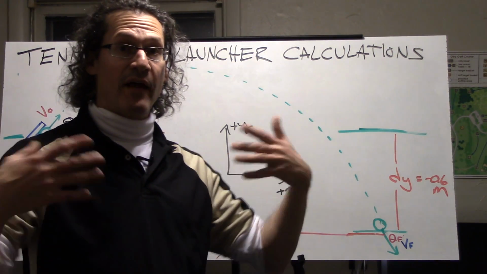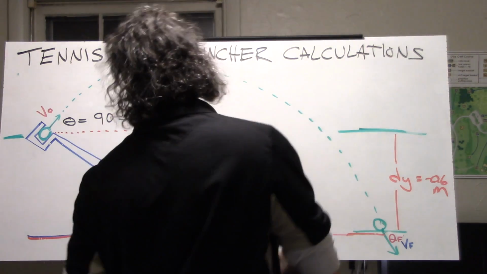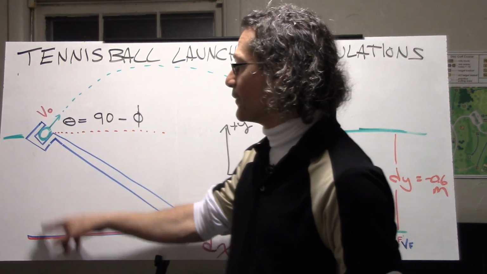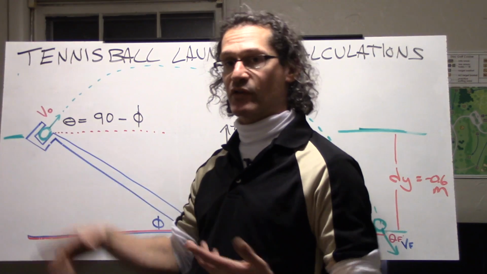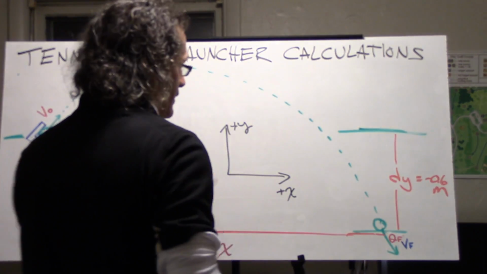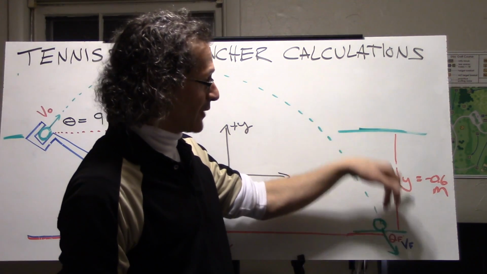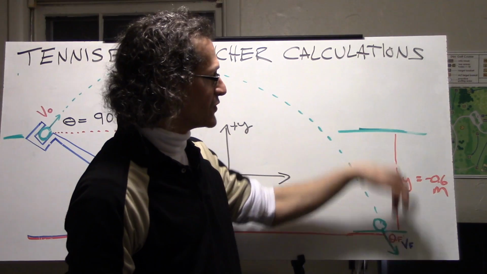How high? Well, the highest it could be is 0.6 meters because the specs that I gave you said that this height from the floor to where the tennis ball is launched can't be higher than 0.6 meters. That was just one of the requirements. So that means it's going to land relative to the origin about 0.6 meters in the negative direction.